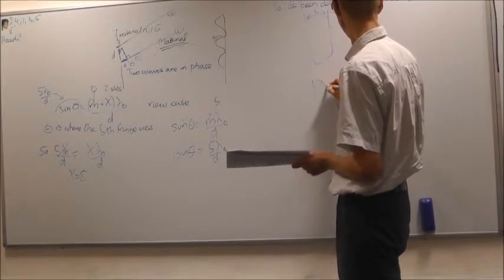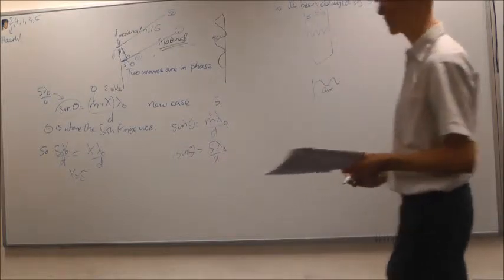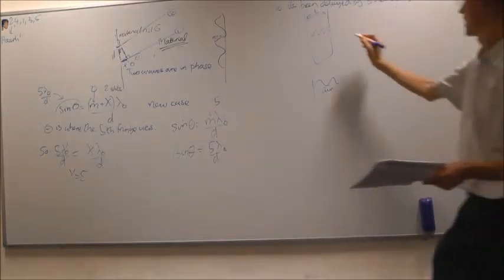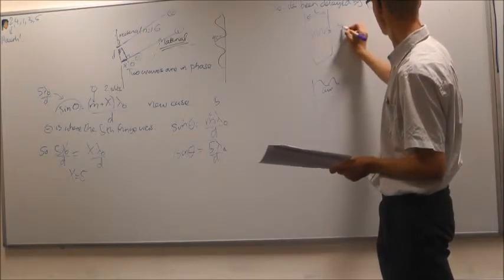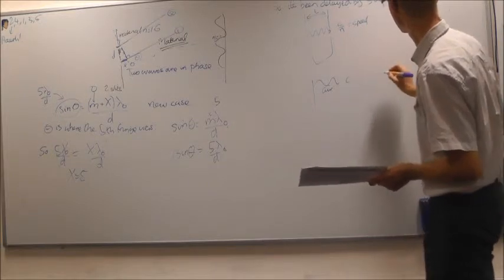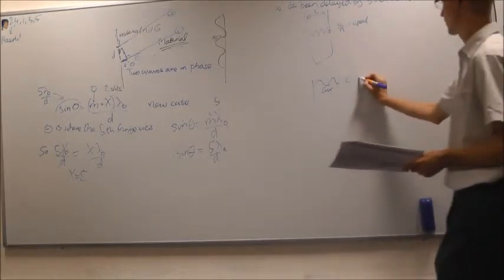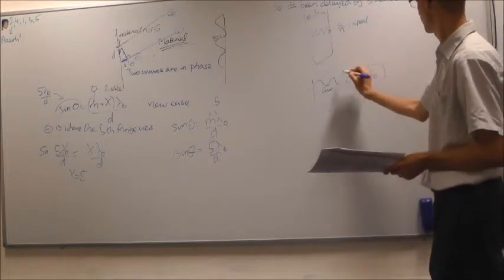So in air, here's our wave going through. Here, it's got 5 more wavelengths in it. So we've got the speed of light, and speed and frequencies are the same. So c equals f lambda 0 for this case.